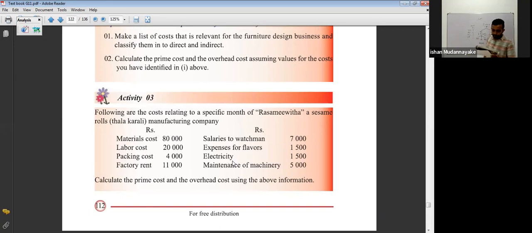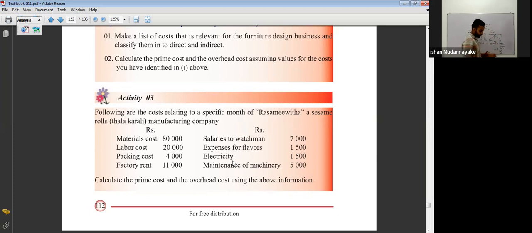Following are the costs relating to a specific month of a sesame roll manufacturing company. Calculate the prime cost and overhead cost using the above information. Using the given information, you need to calculate prime cost and overhead cost of this business organization. Quickly complete this question.